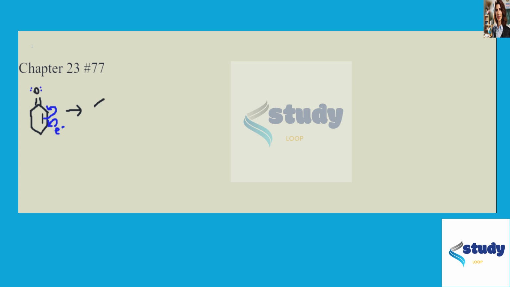And so after the first step, we have this. So we have an unpaired electron here, and we have a lone pair and negative charge here. And so electrons will move like this.